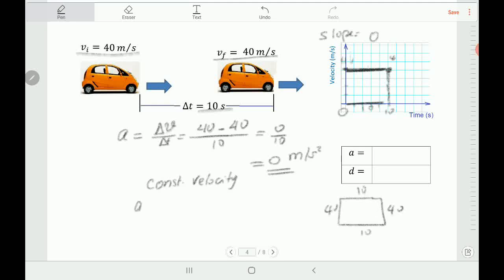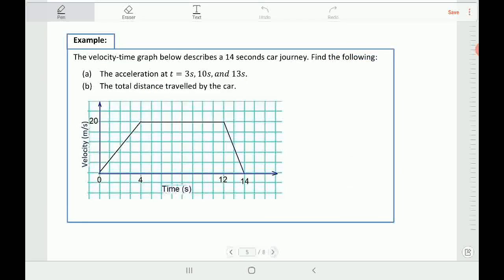So the area is equal to 10 times 40, 400 meters. So the distance traveled by the car is equal to 400 meters. Okay, so that's the three basic motions of an object, used with the velocity time graph.